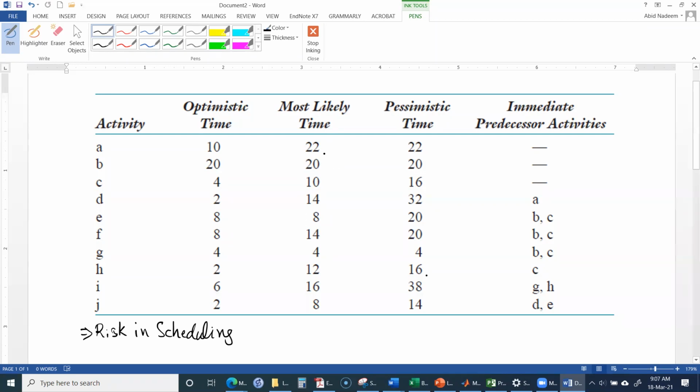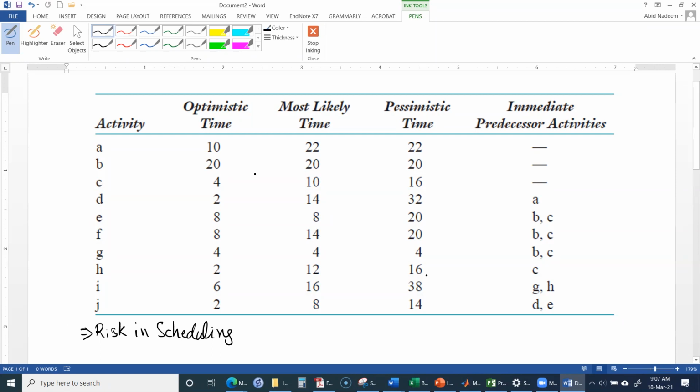But only occasionally there may be a situation when the activity is finished in a very short period of time. That will be called the optimistic time. And also very occasionally, the activity may take much longer to complete. That will be the pessimistic time. So optimistic, most likely, and pessimistic times may be estimated for the activities.